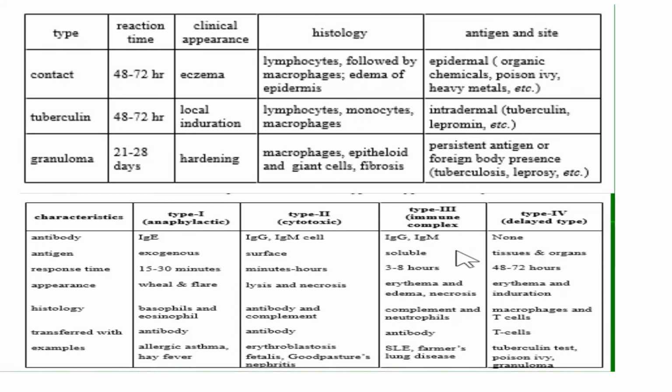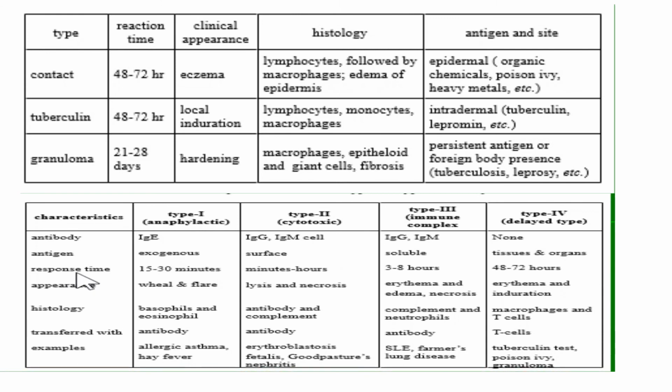Type 3 is the soluble form or complex with the IgG and IgM antibody. There is no antibody in type 4 hypersensitivity reaction. The type of antigen in type 1 is exogenous, type 2 is surface, type 3 is a soluble form, and type 4 is tissue and organs.